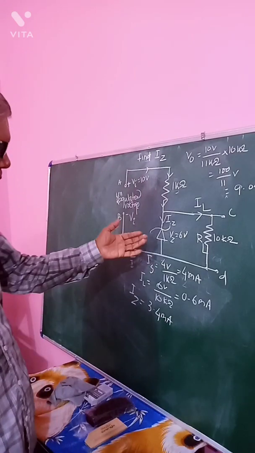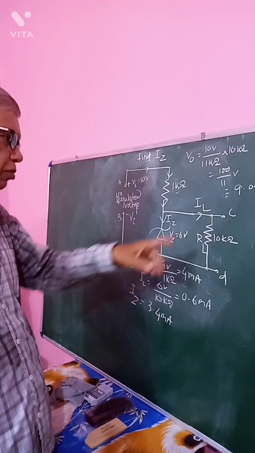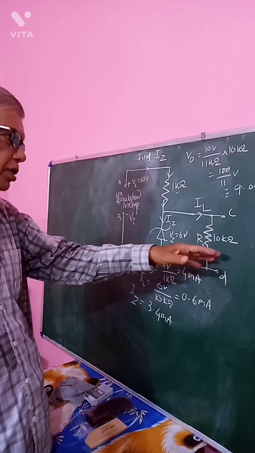In the absence of the Zener diode, there will be a potential of 9.09 volt.